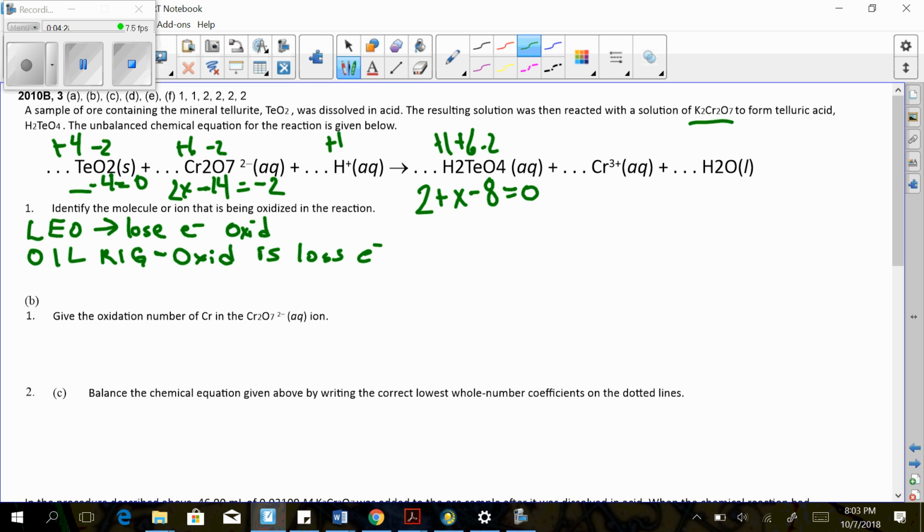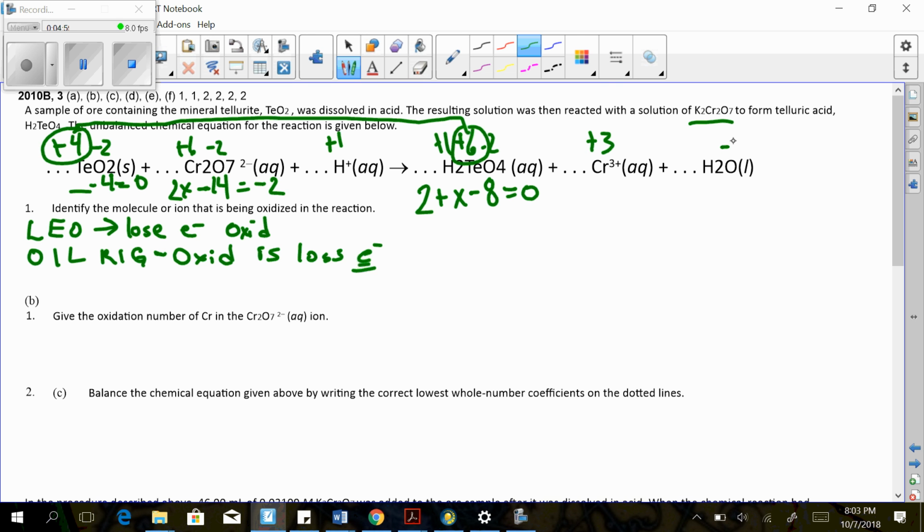So my tellurium goes from a +4 to a +6. If I have something going to a more positive state, it must be losing electrons. So I can write that reaction right here. Before we do that, I'm going to say this is our +3. The charge is the oxidation number.